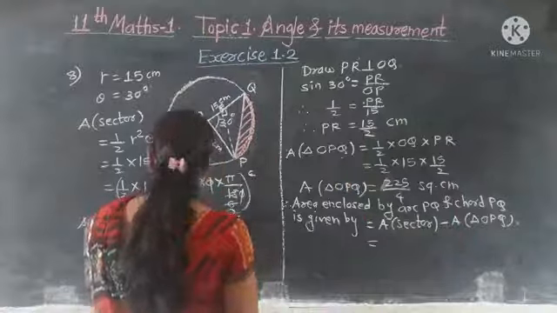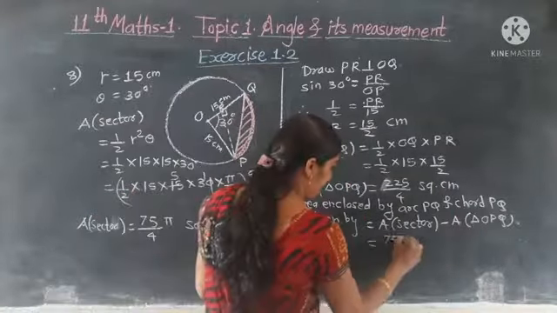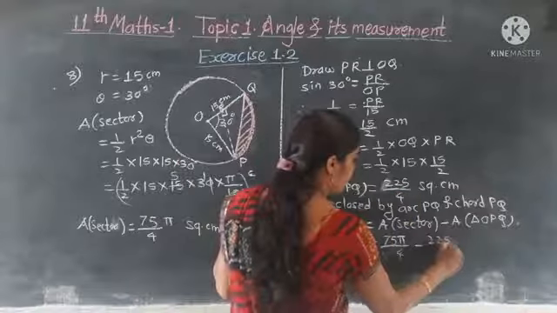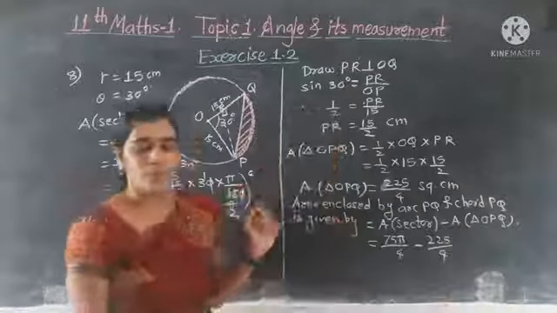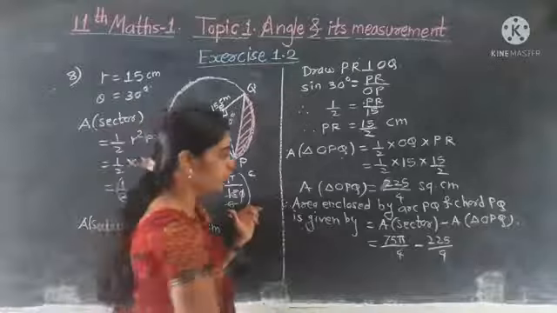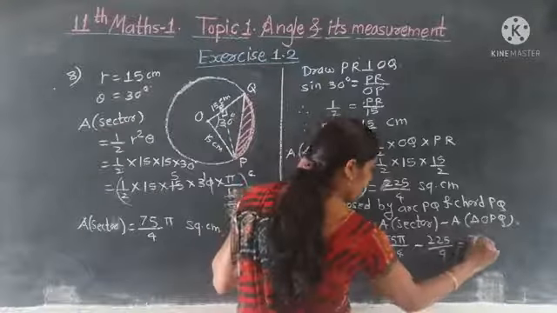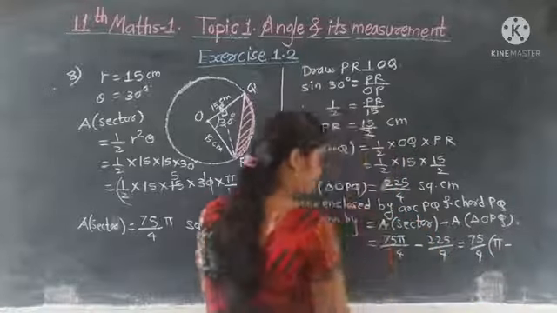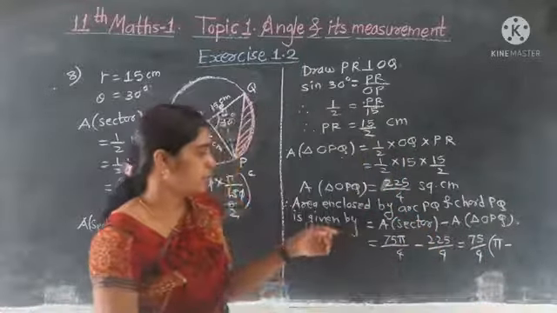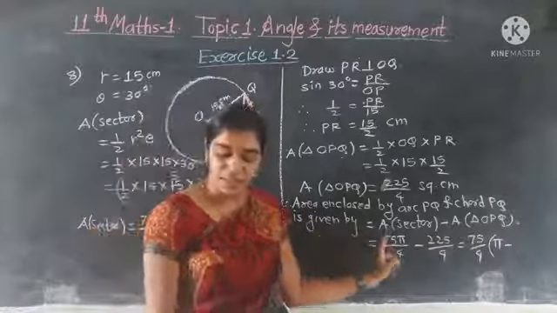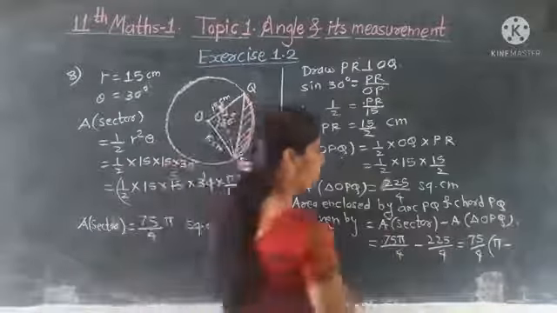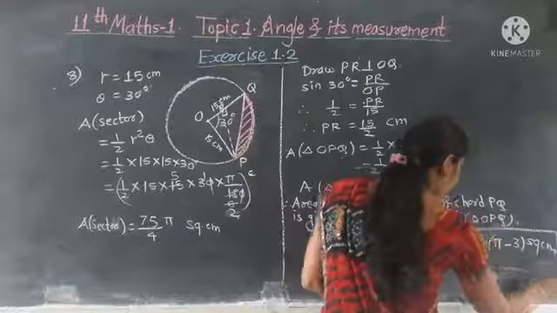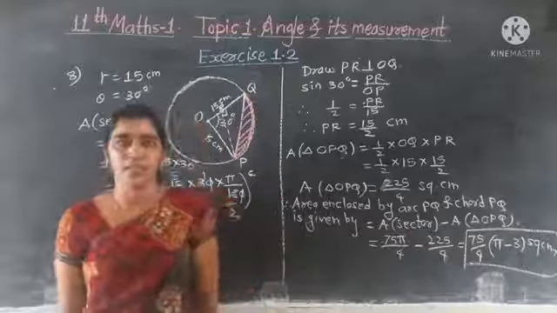What is area of sector? 75 pi by 4 minus area of triangle 225 upon 4. Okay, here common is 75 upon 4, so what remains? Pi minus 3, 75 upon 4 into pi minus 3 square centimeter. This is the required answer.